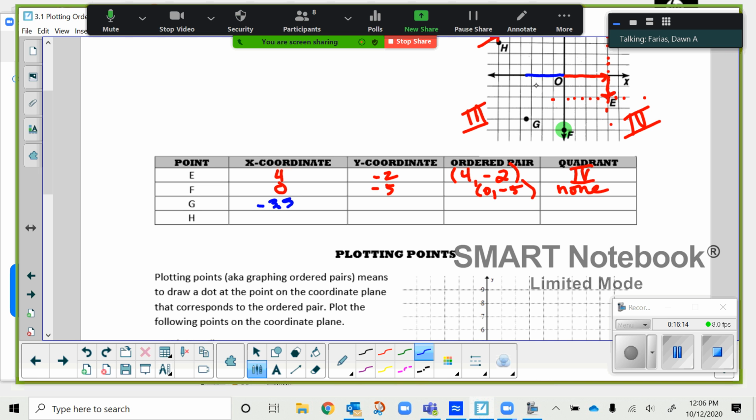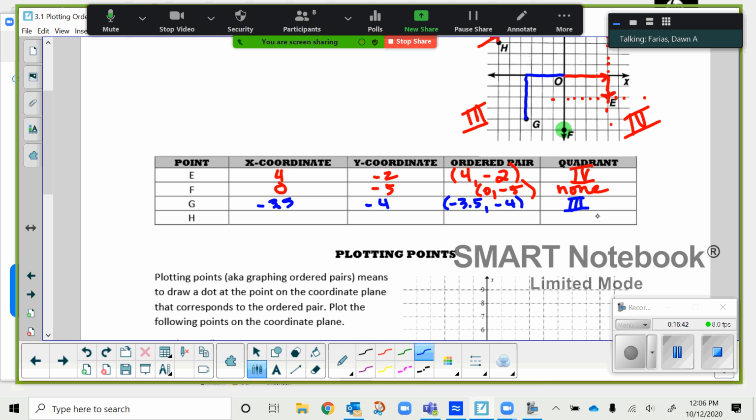And then we go down 1, 2, 3, 4. So that'll be -4. So as an ordered pair, it's -3.5, -4. And which quadrant is that one in? 3. Thank you.